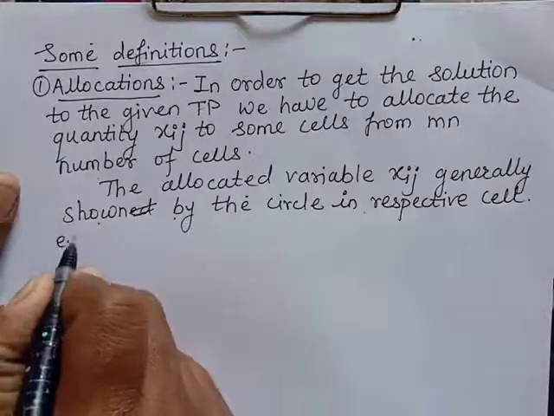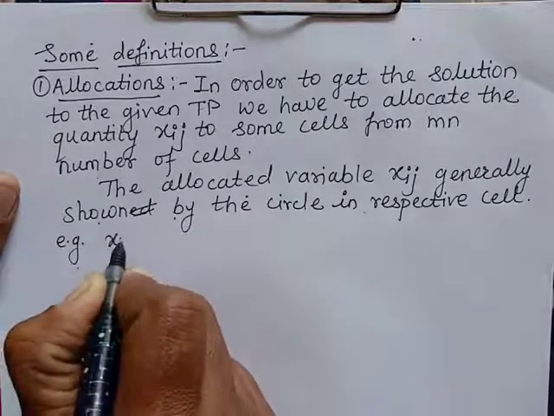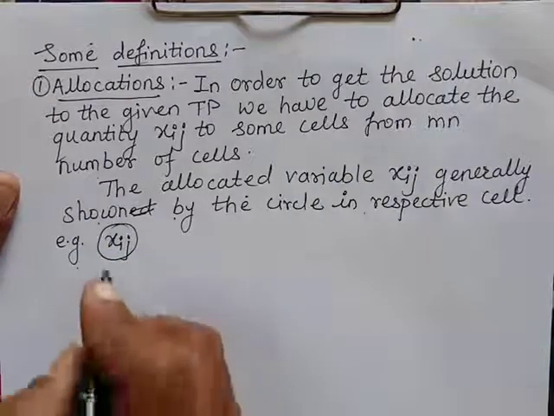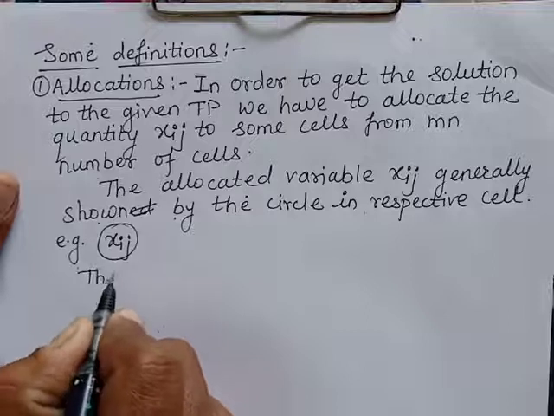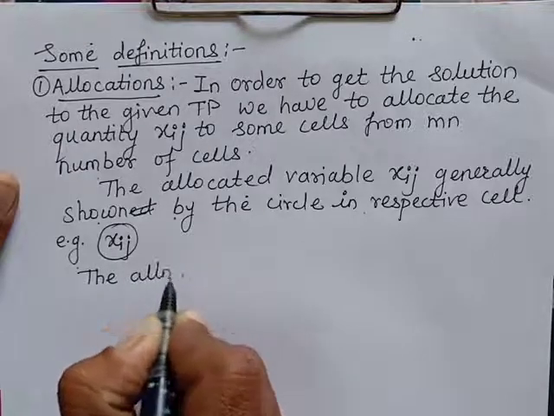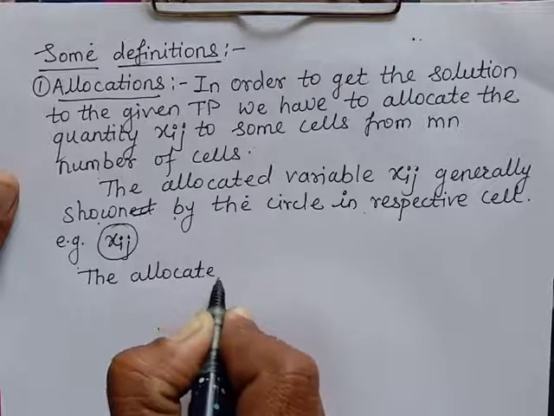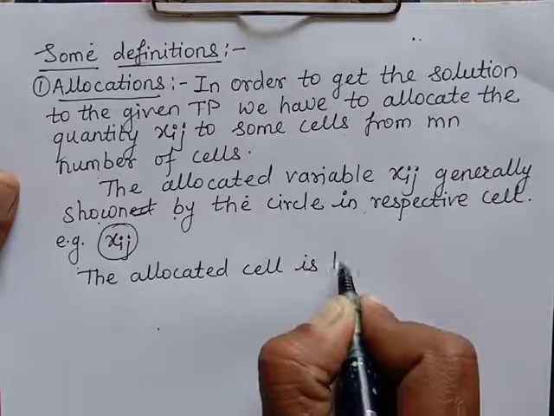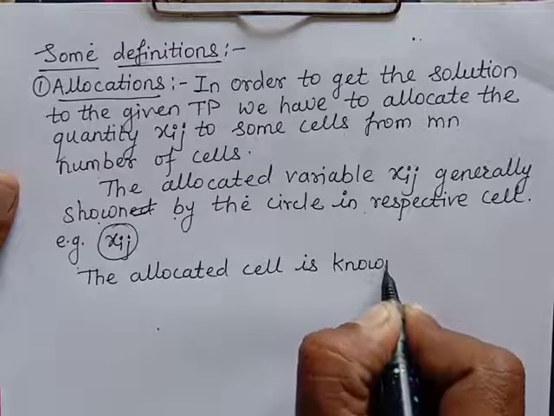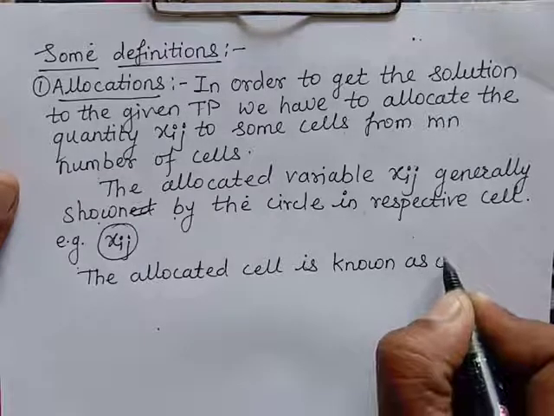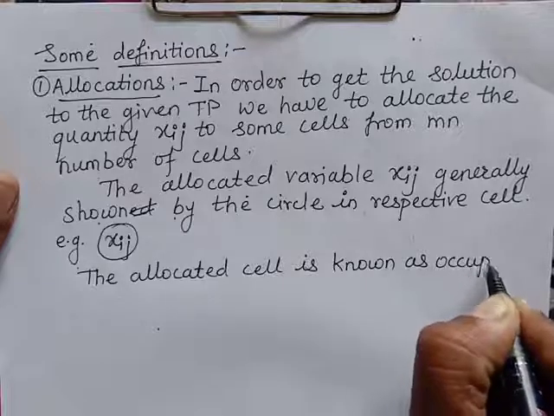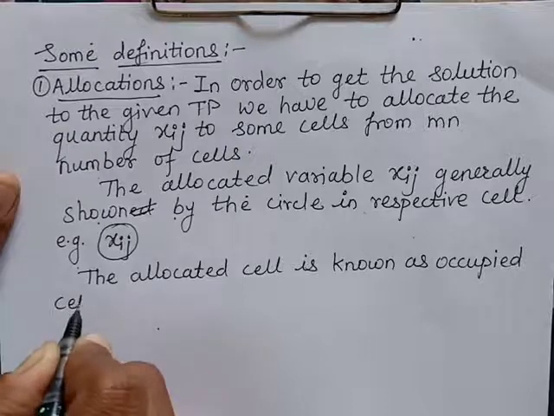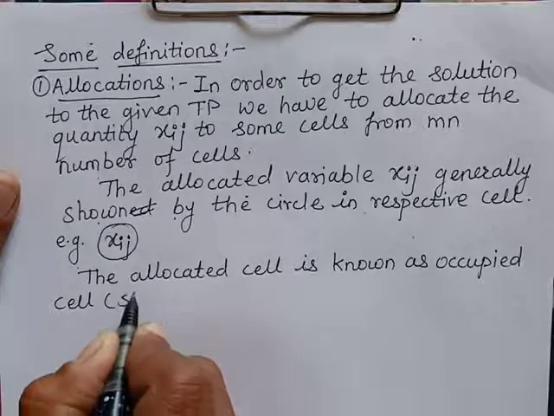For example, xij, and we have to circle it. Now here the allocated cell is known as an occupied cell or stone square.